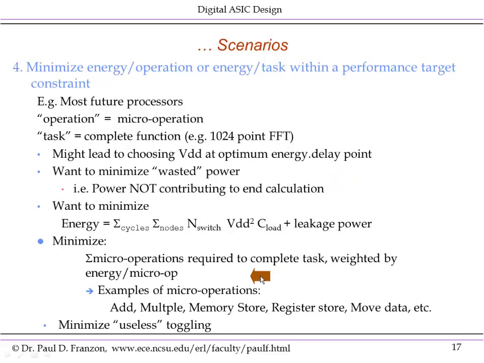One way to think about this is to minimize the number of micro operations required to complete a task, weighted by the energy per micro op. That's essentially what this dynamic power switching is here. Remember, by micro operation, I mean some atomic operations such as a multiply, a register store, a memory store, and so on. This is actually what we're going to get back to in the second set of notes here, how to do efficient designs while achieving a high performance.